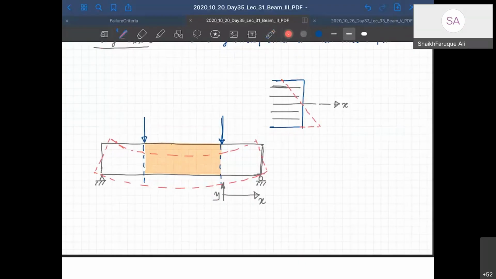They have come like this, in red. There it is neutral, and here it is elongated. So this extension is epsilon along x direction, strain along x direction. Okay, so that's why it is sigma xx and epsilon xx.